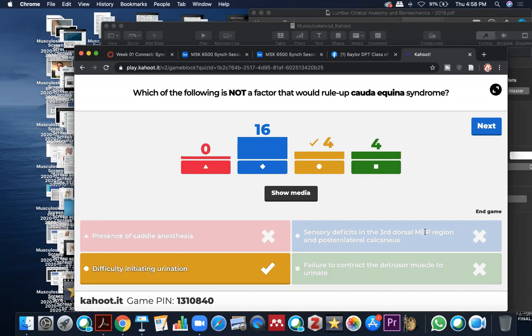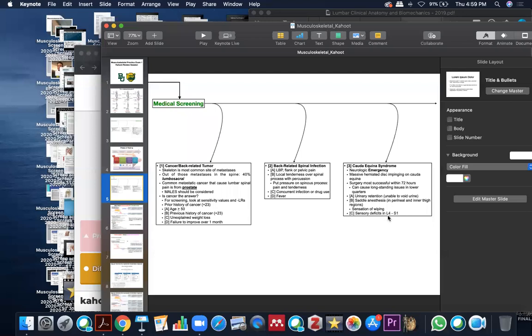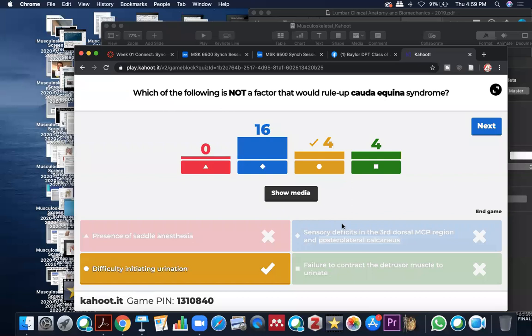If it said third dorsal metatarso-phalangeal region, then you'd be looking at the L5 dermatome, and then posterolateral calcaneus is S1. L5 and S1 are certainly within this range for the sensory deficits. So this one actually might have been the best answer, but I meant to say metatarso-phalangeal region. If it actually did say that, then the answer is definitely difficulty initiating.